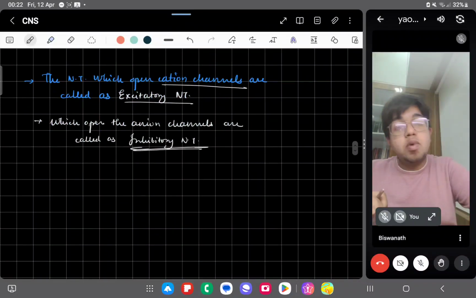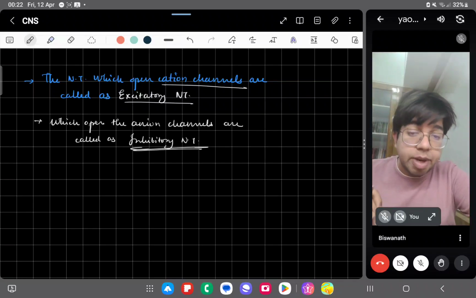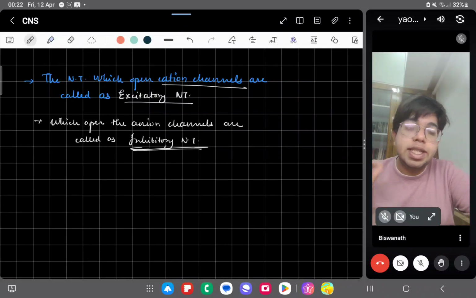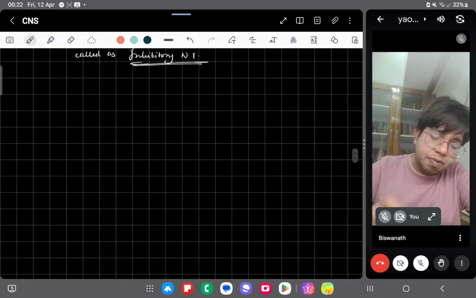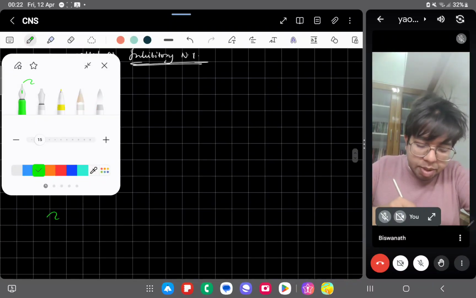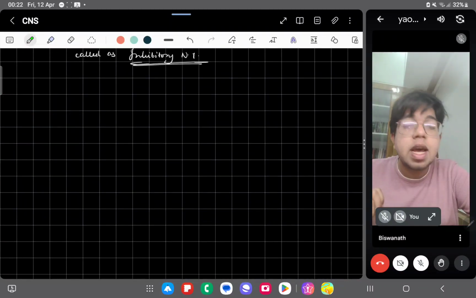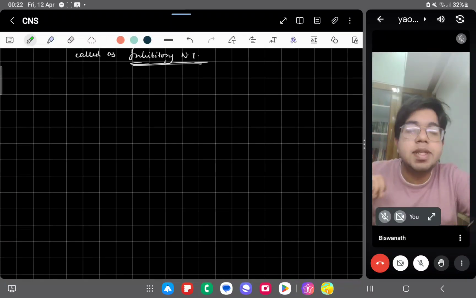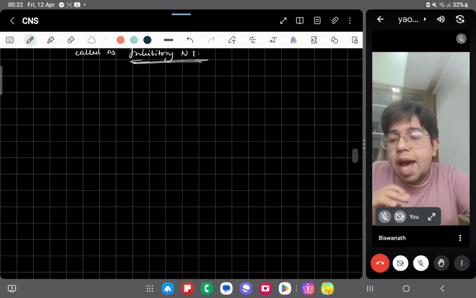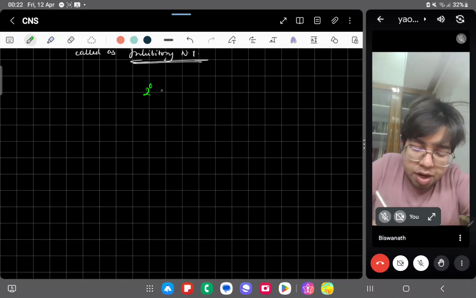And we have to learn here the second messenger system in detail, and that too using the G protein. Okay, using the G protein coupled receptors. The receptors are called G protein coupled receptors, and I will teach you this second messenger system now, because we have this in our chapter, right? In Guyton. Second messenger system.